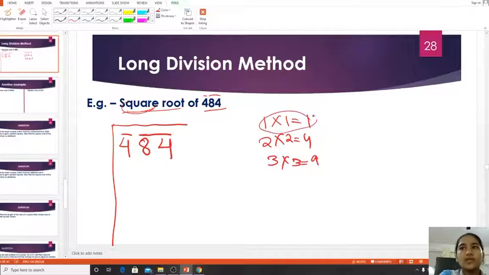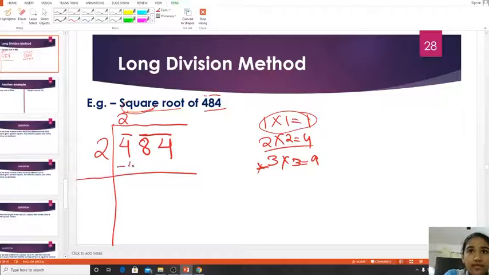So rather than 1 into 1, we can take 2 into 2, it's 4. So we write 2 over here, and 2 over here. We cannot take 3, this is not at all possible. Why? Because we cannot subtract 9 from 4. 4 minus 9 is not possible, right? 2 to the 4.